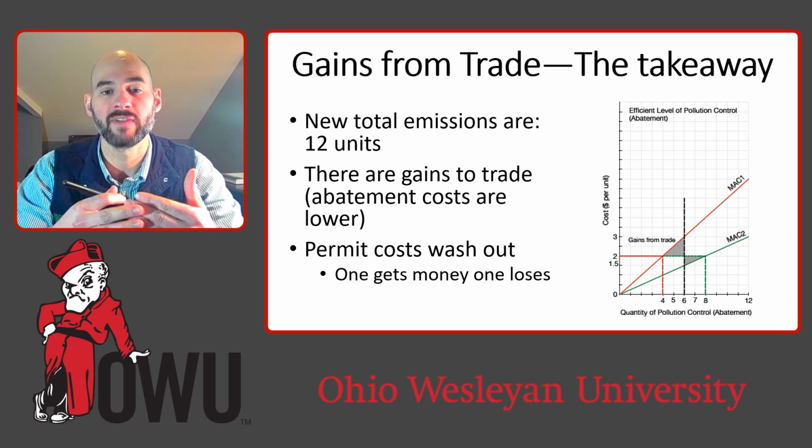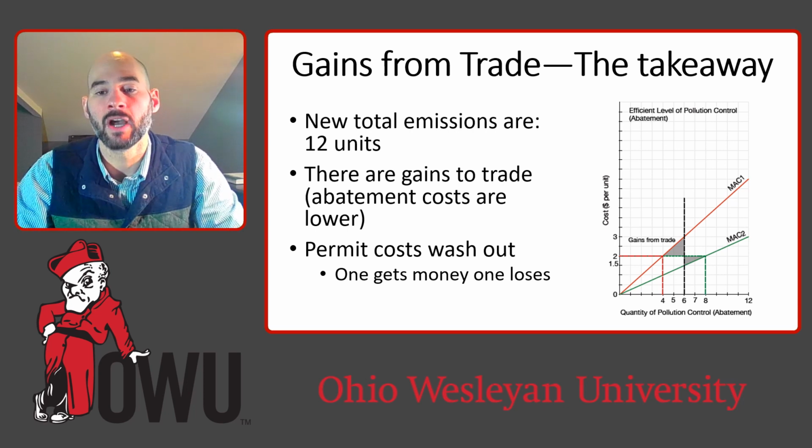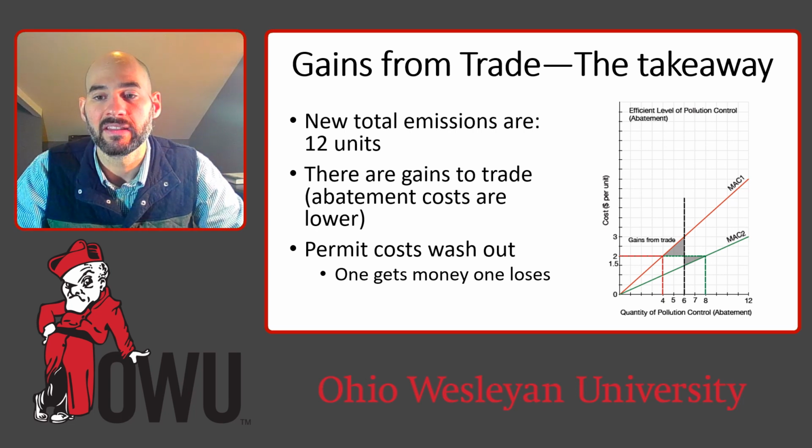There's not any new value generated. The value comes from the savings underneath the marginal abatement cost for firm 1 and the benefit to firm 2 of being paid to abate more.